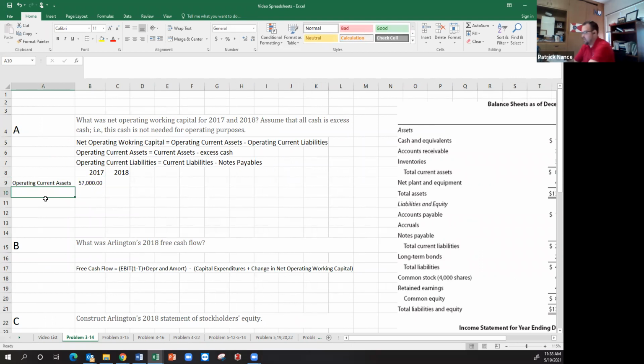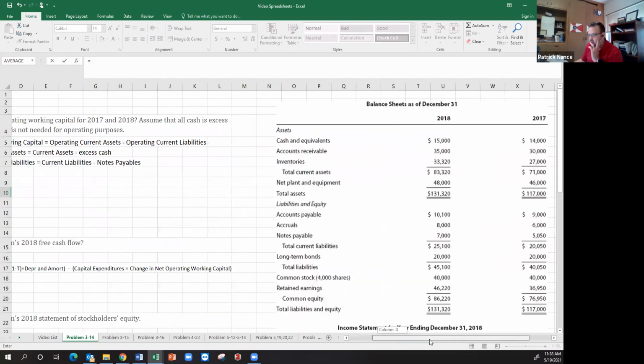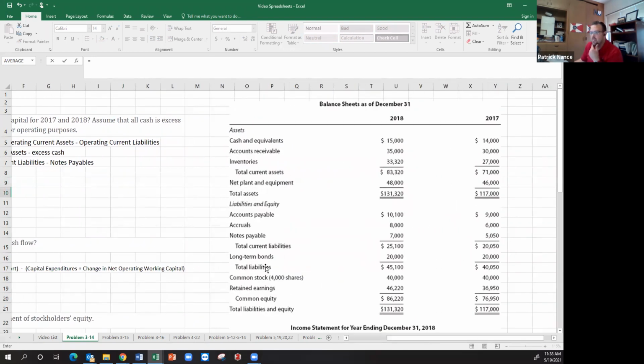Now I need to find my operating current liabilities, which is my current liabilities minus notes payable. So for 2017, current liabilities is 20,050, and my notes payable is 5,050.